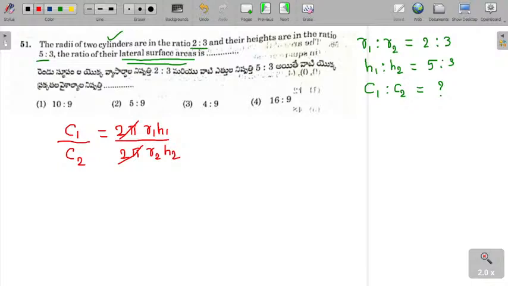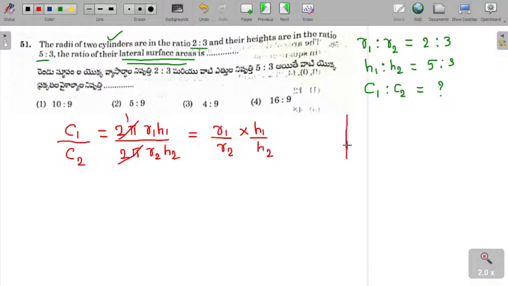The 2 pi constant gets cancelled. So we have r1 by r2 multiplied with h1 by h2.